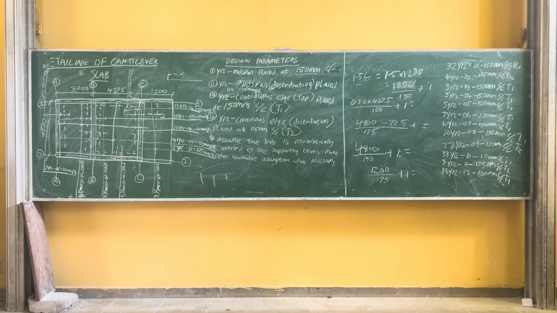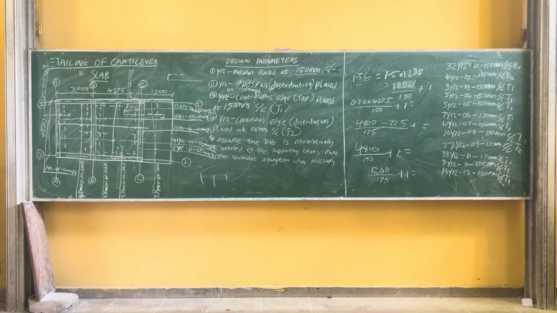When you do this, this is how it will be. There'll be a sagging moment at this down part, a hogging moment here, sagging moment, hogging moment. Then at this end point, you stop at zero. So the reinforcement you're working on is here, here, here. You understand? Since there's no sagging at the cantilever, we don't need any bottom reinforcement.